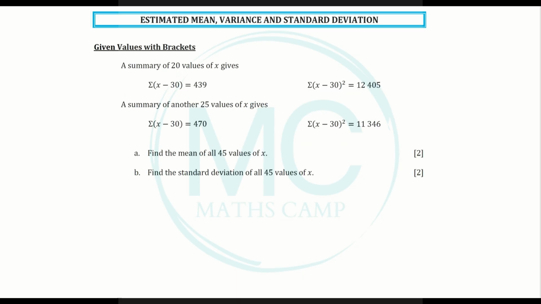Here we are given a summary of 20 values of x and a summary of 25 values of x. Part A says find the mean of all 45 values of x. So let's make some space.